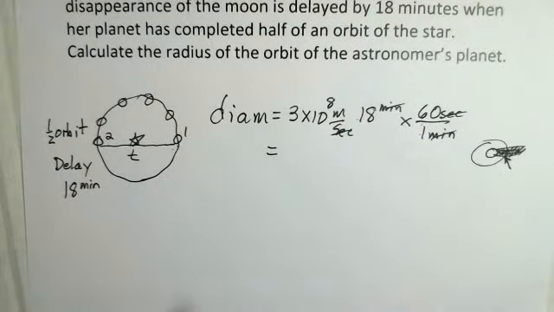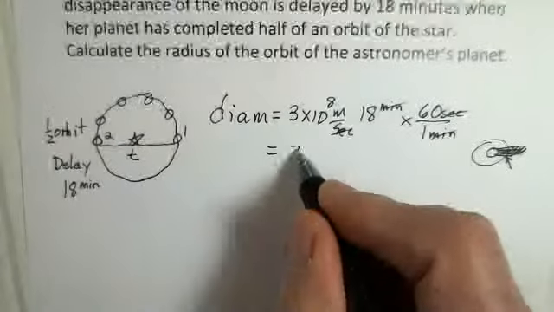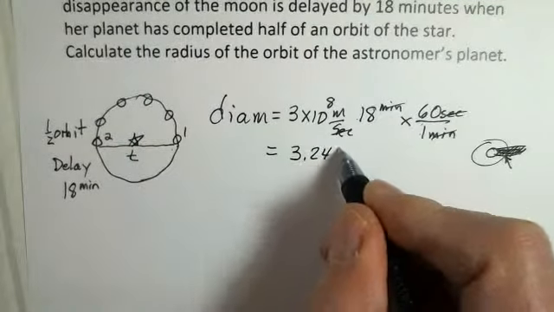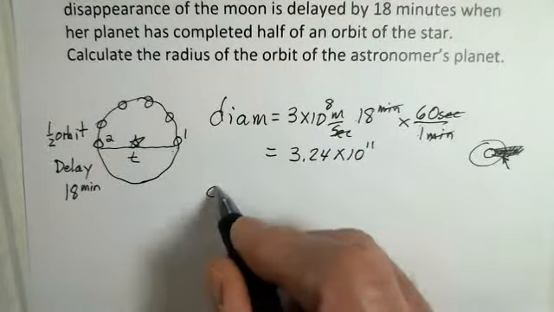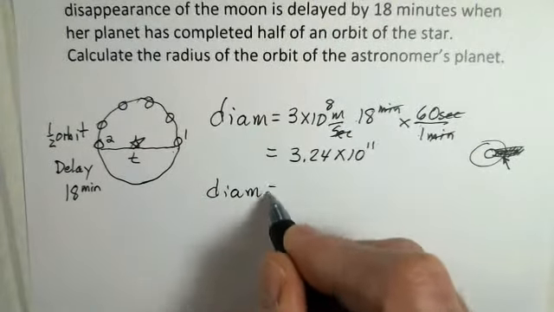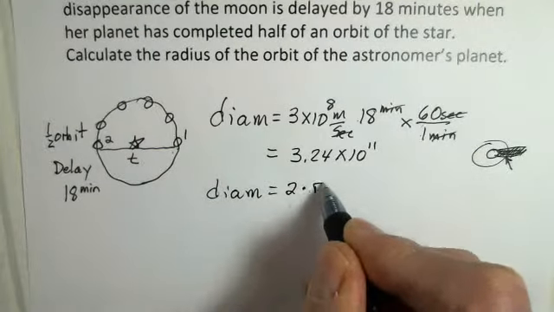You should do this calculation, pause the video if necessary, but multiplying these values together, I came up with 3.24 times 10 to the 11th for the diameter of the orbit for this planet. And we know that the diameter is equal to 2 times the radius.